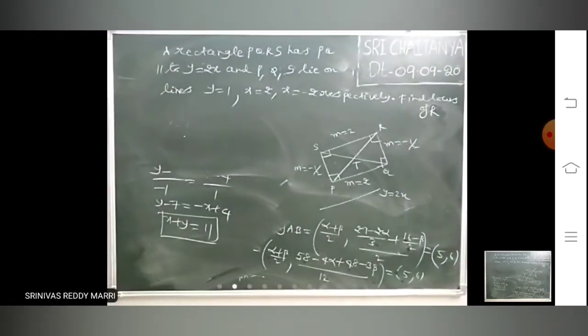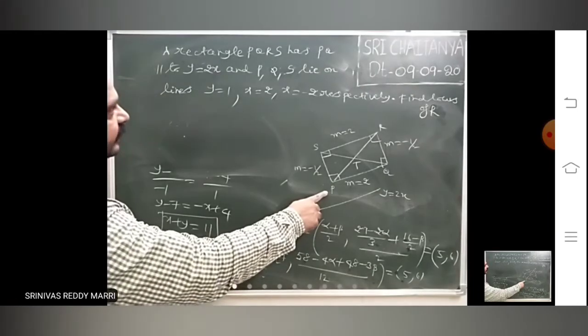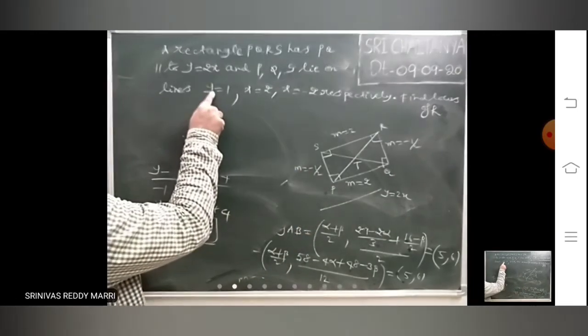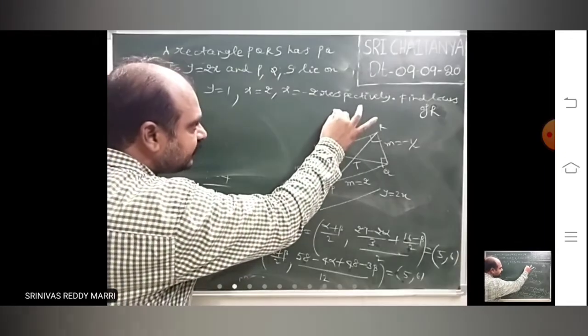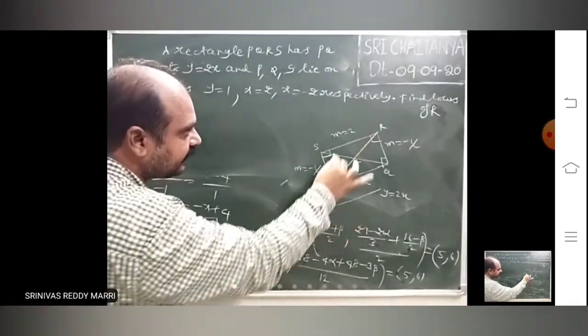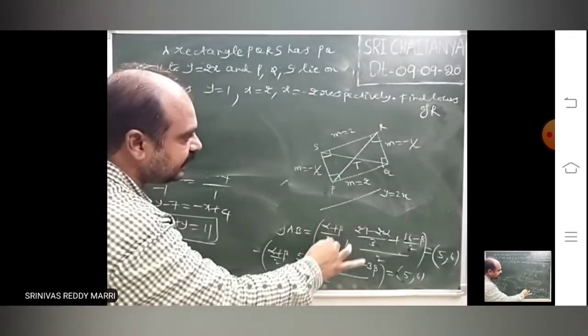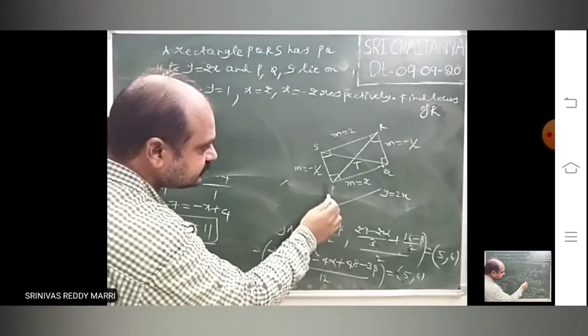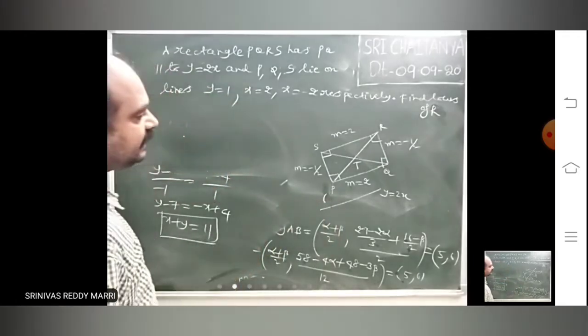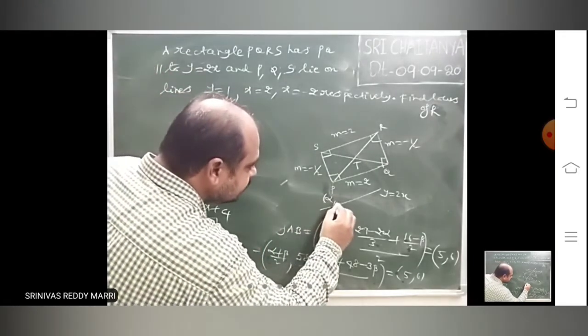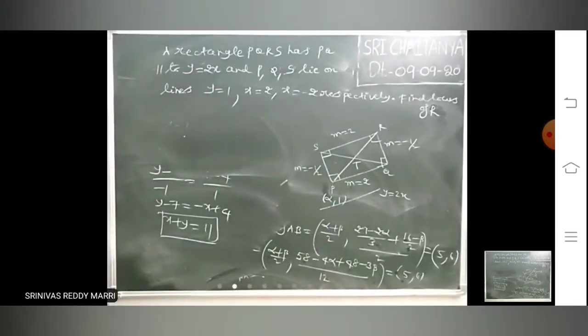Now P point, look at P point lies on the line y equal to 1. That means just one line will be there, y equal to 1, like this horizontal line. On this line, any point will be of the form, let us take alpha comma 1.